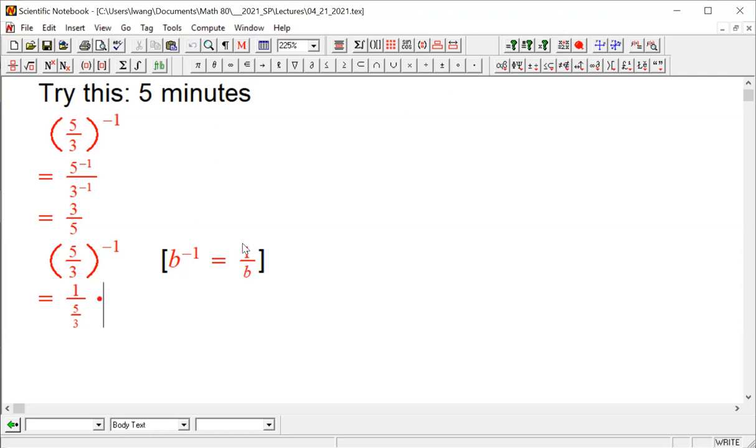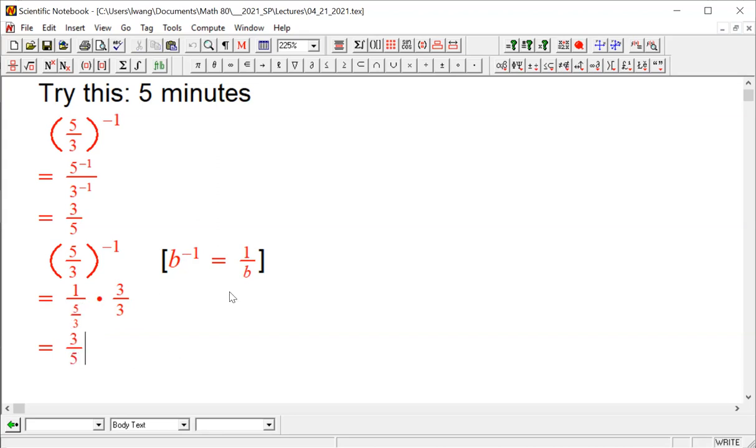Then you have to reduce this complex fraction. How do we reduce this complex fraction? We multiply by 1, and this 1 is going to turn into 3/3. 3/3 is 1. So that equals 1 times 3, that's a 3, over 5/3 times 3, 3 and 3 reduce, that's a 5.